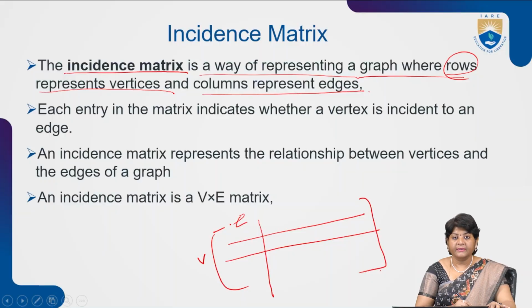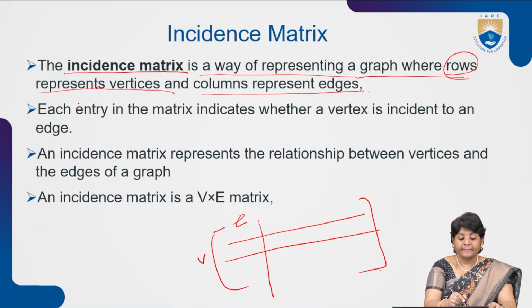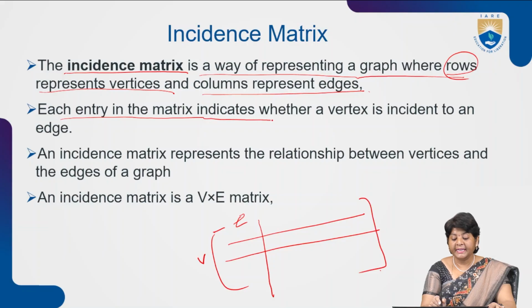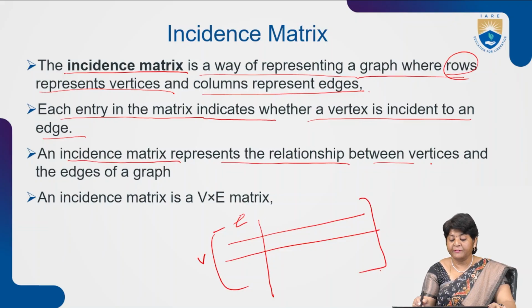So here the connection between vertices and edges is easy to identify. Next, each entry in the matrix indicates whether a vertex is incident to an edge or not. And an incidence matrix represents the relationship between vertices and edges of a graph.